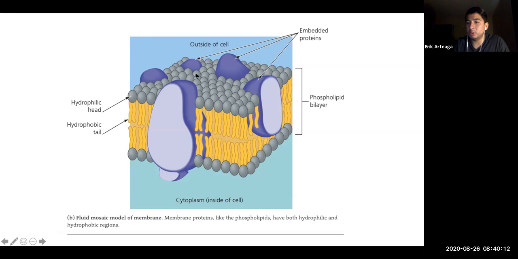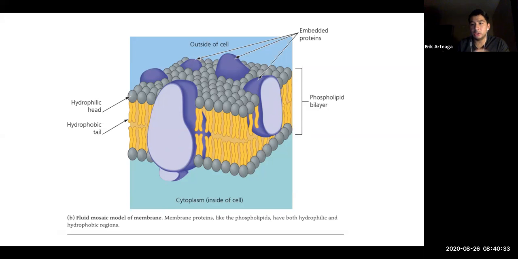You have multiple proteins associated with that plasma membrane, as well as these different phospholipid heads shown here, right? So it's fluid, right? It's always moving, and it's kind of depicting how that membrane works and how that structure is formed, right?